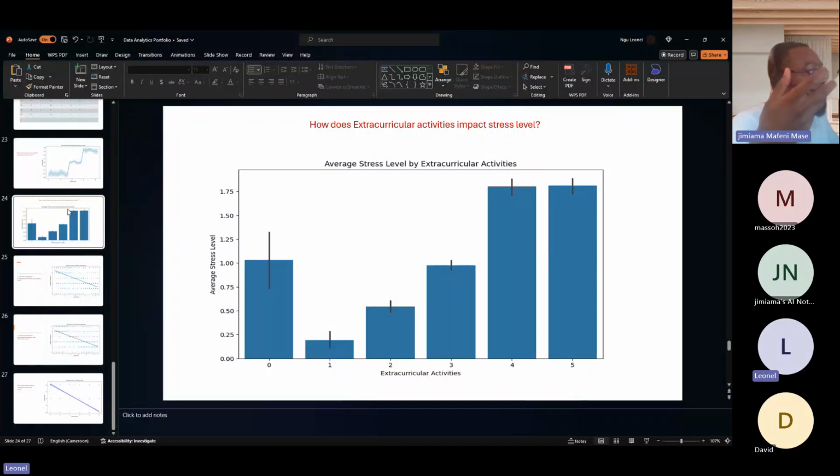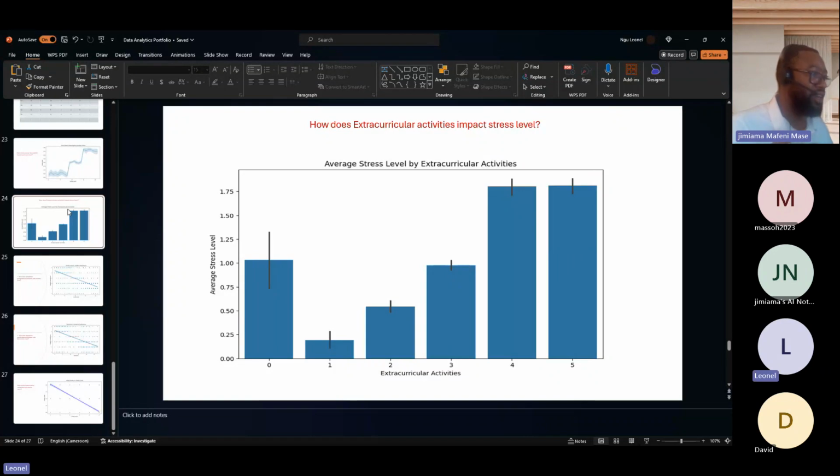So the whole point is all schools always want their students to have extracurricular activities. But what now you will say is you will recommend students to have only one or two extracurricular activities and not three, because you see that there is a statistical difference.